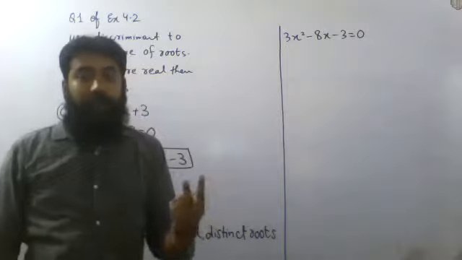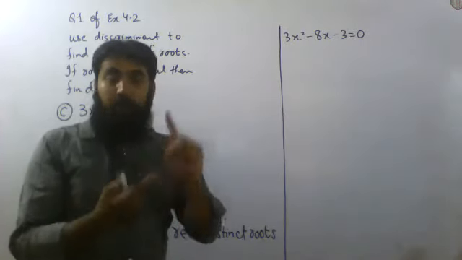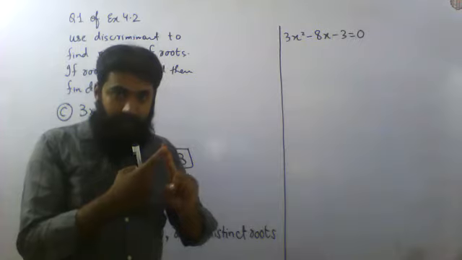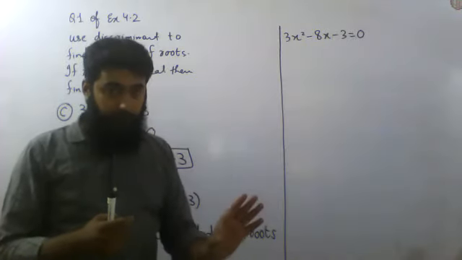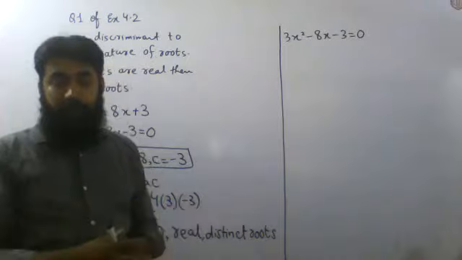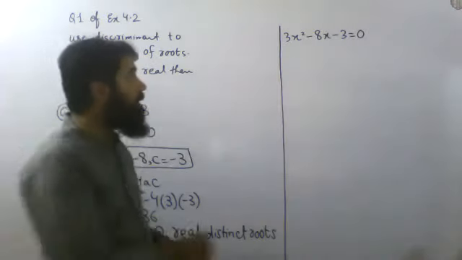There are two ways to solve it. One is you can use middle term breaking. The second is you can use the quadratic formula. I am comfortable with middle term breaking, so I am going with middle term breaking.